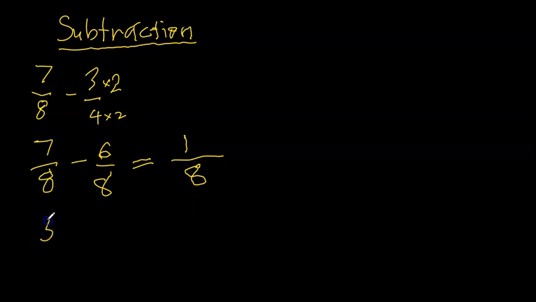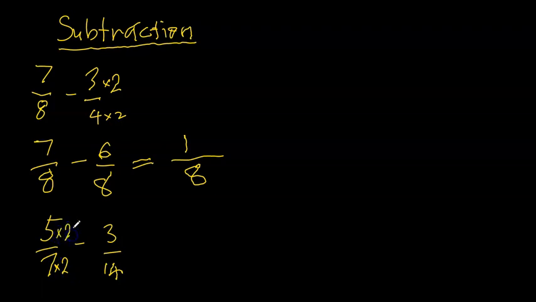So I have here 5 over 7 minus 3 over 14. Right? Here too, we notice the denominators are different, right? The good thing is one is a multiple of the other, or one is the factor of the other. So we try and write this one, multiply by 2 by 2.